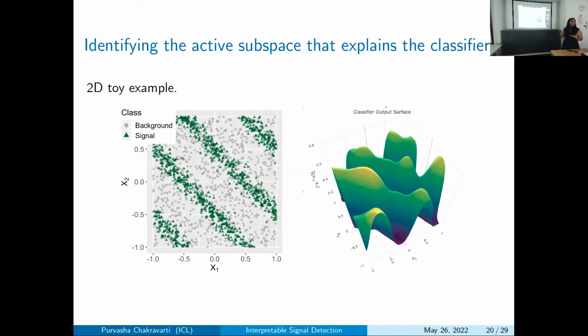That's the direction we are interested in, because that line basically describes where the signal actually is, right? So that's the line we are interested in. And so if you fit a classifier to this data, you'll get something like this. And the idea here is that if you look at this diagonal line, that's the line along which the classifier surface is the most bumpy in some sense. So we'll basically try to find that direction.